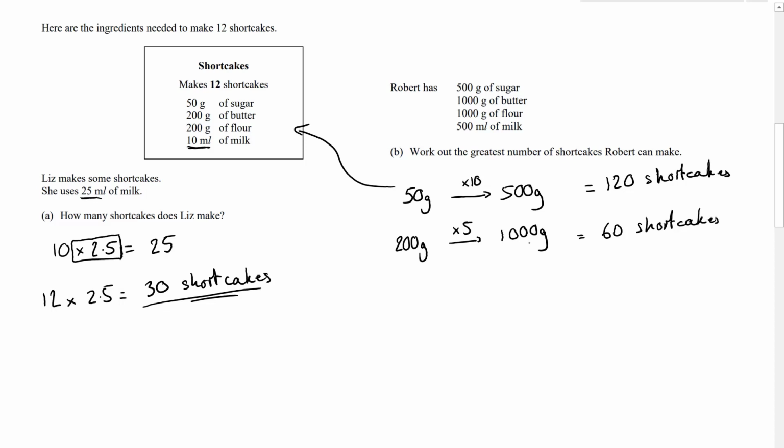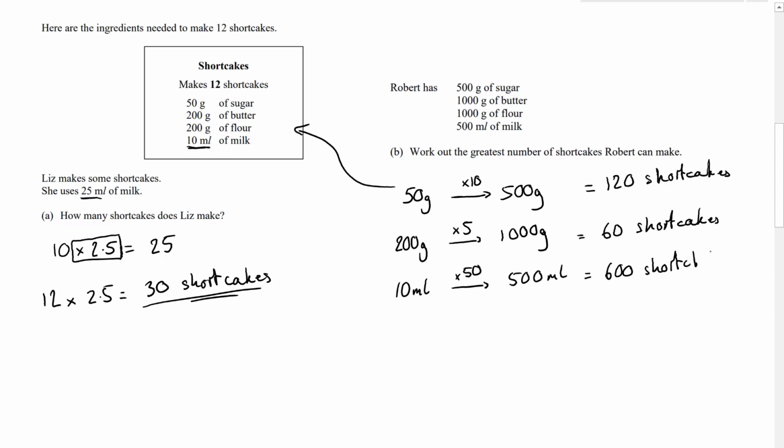Now this one, the 200 to 1,000, is the same for both the butter and the flour, but the last one, 10 milliliters of milk to 500 milliliters of milk, we've timesed by 50 here. And if we were to times 12 by 50, we would be able to make 600 shortcakes.